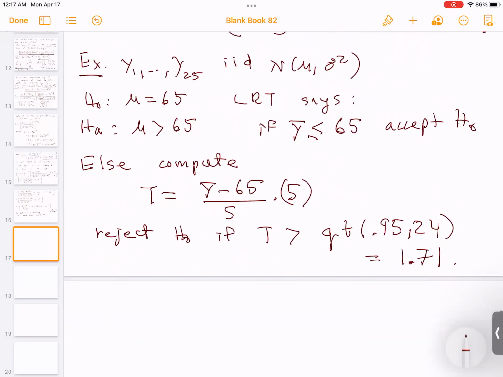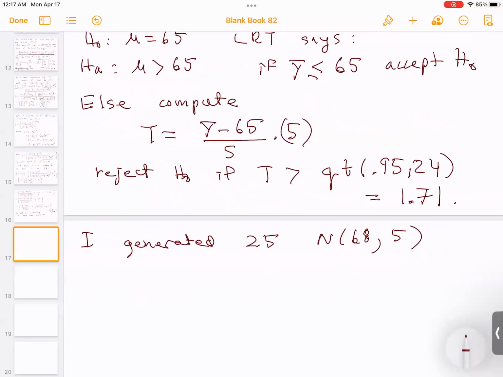I generated 25 samples using rnorm, with the mean of 68 and a variance of 5, just to see what the test would do.